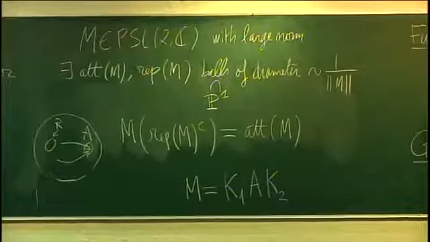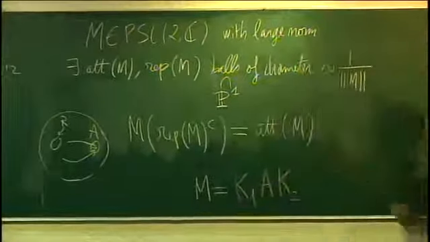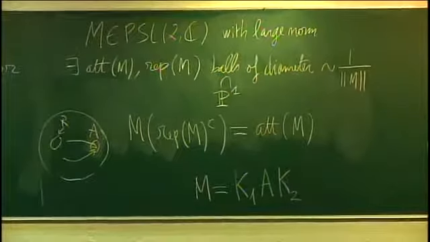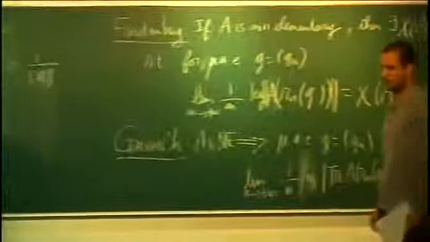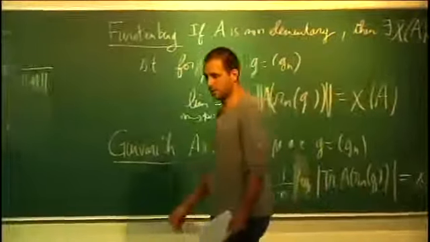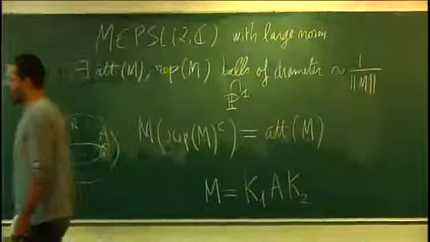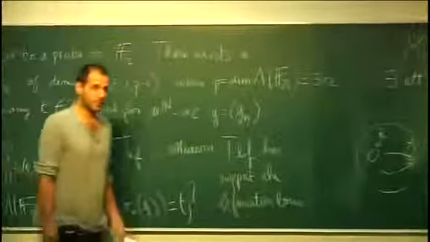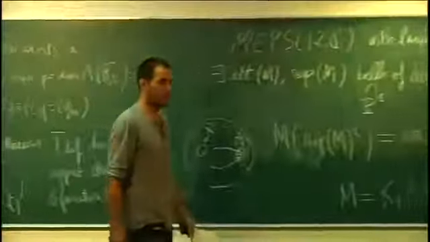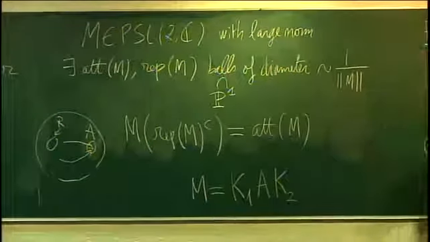This is the geometric interpretation: K1 sends the ball around 0 to the ball around infinity, and reciprocally. That is, you have your attracting and repelling balls, and you make a quarter turn. So you are speaking about a parabolic matrix. Oh, yeah. And the rotations, no? Perhaps they cancel out. No, they don't cancel.